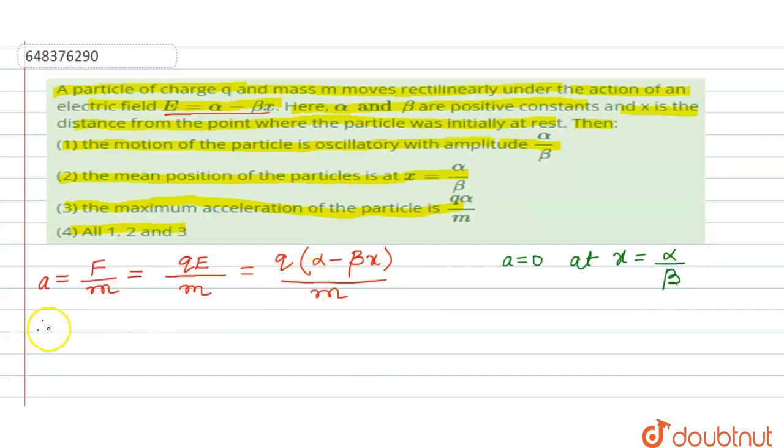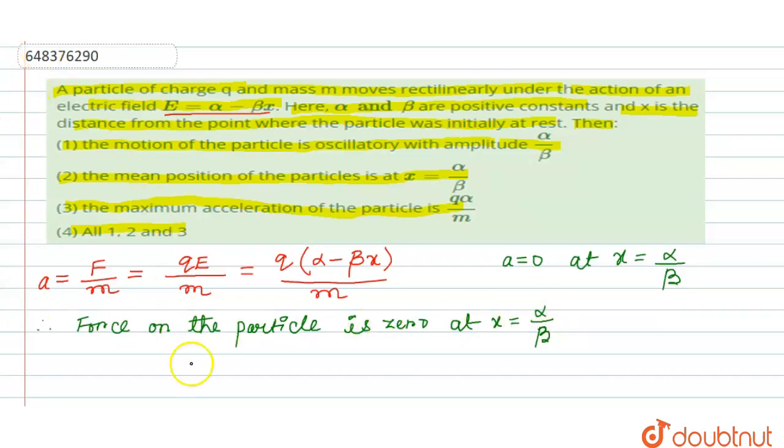So therefore we can say that force on the particle is 0 at x equal to alpha by beta. So we can also say that the mean position of the particle is at x equal to alpha by beta.